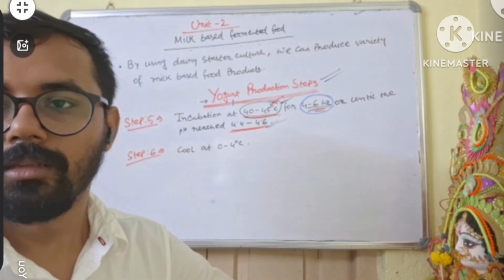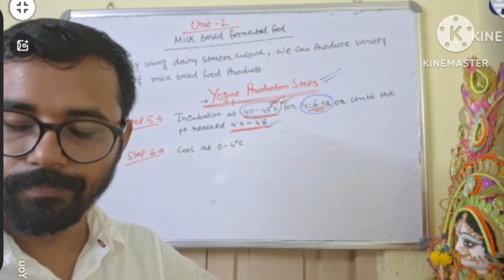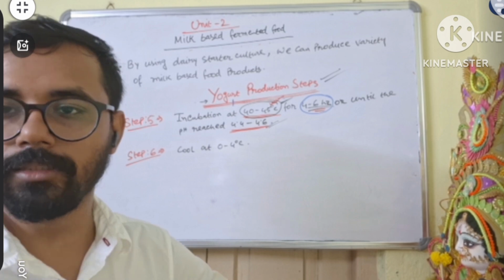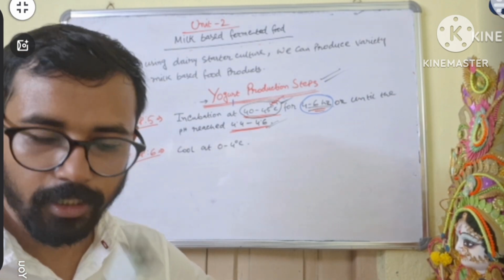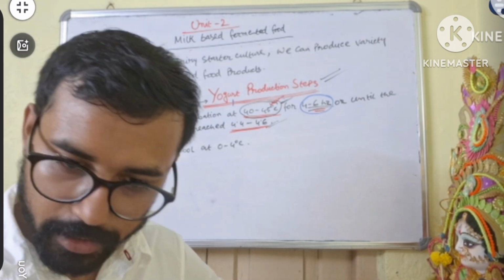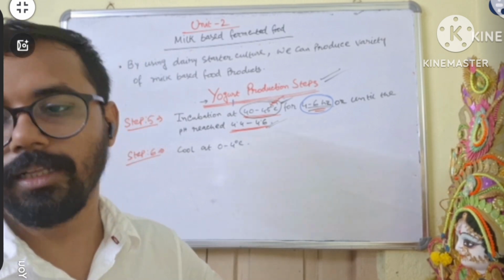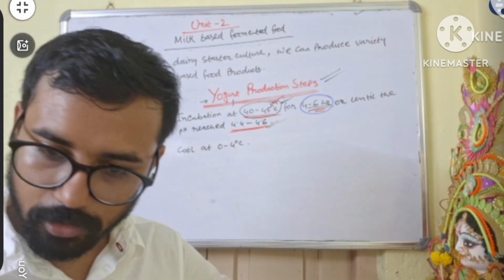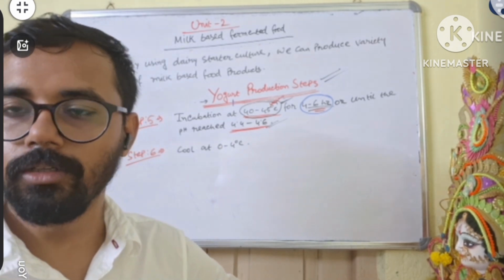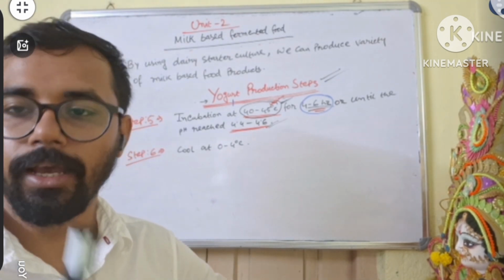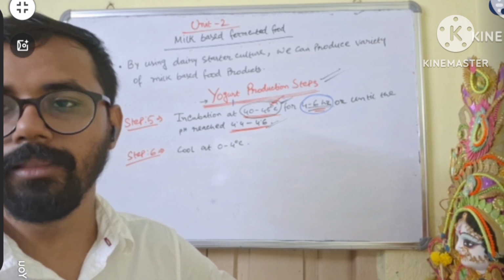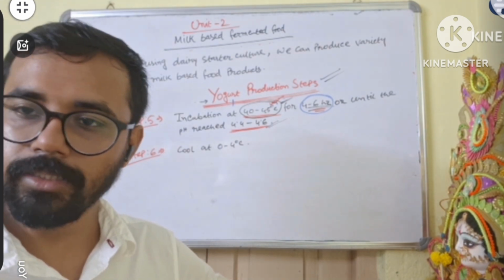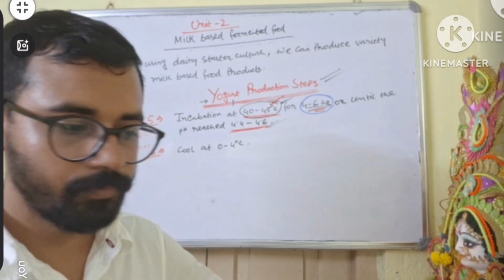Standardization, then heat treatment, cooling. This cooling is important, otherwise the starter culture will be destroyed. After cooling to 40 to 42 degrees centigrade, now we add the starter culture, and we are using 2 strains, not a single strain, in an optimal 1:1 ratio to allow fermentation. Then incubation, and after fermentation the yogurt is ready to dispense and use.